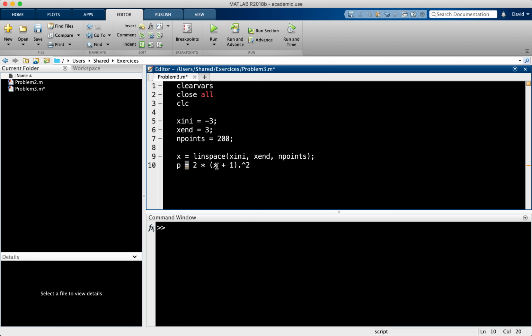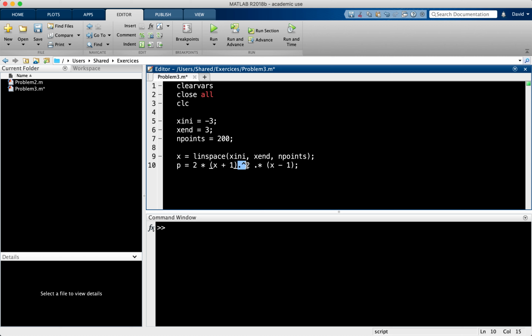So the power operator needs the point in order to be computed component by component. And also this product needs the component by component definition, in such a way that this is a vector.